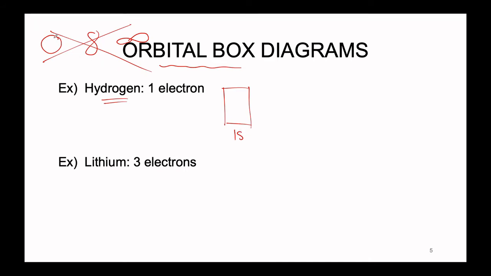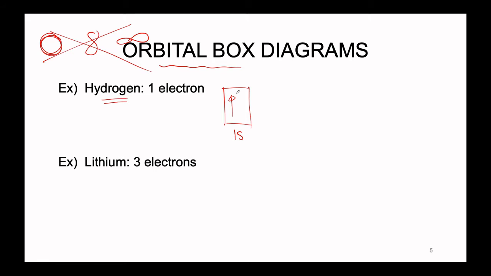So yes, even though the s orbital looks like a circle, we're just going to draw it as a box, label it with a 1s, with the understanding that this is supposed to represent a sphere around the nucleus. Now hydrogen has 1 electron inside of it, wherever it's going to be. That low energy 1s electron, we're just going to place it right inside the box.